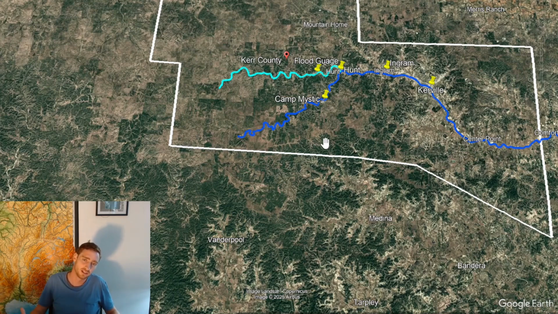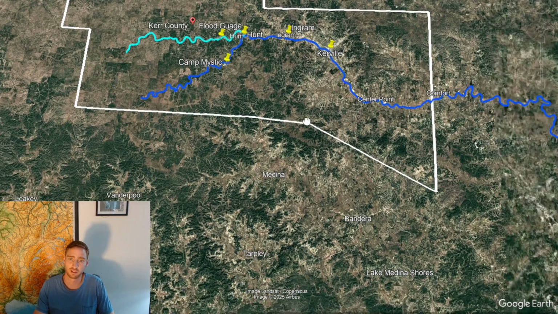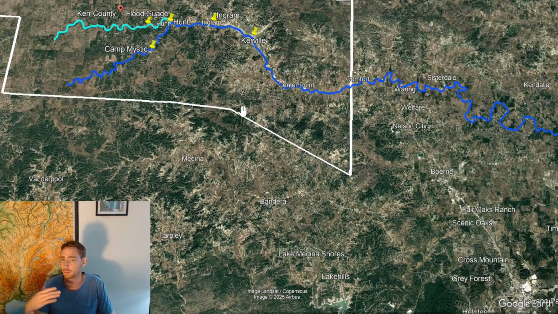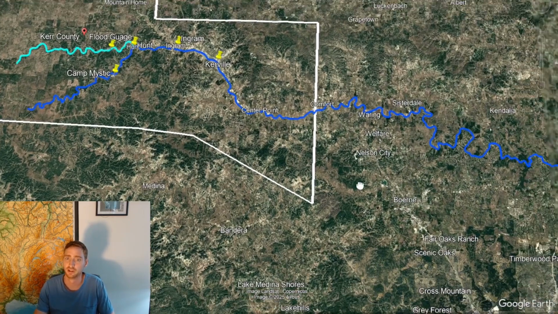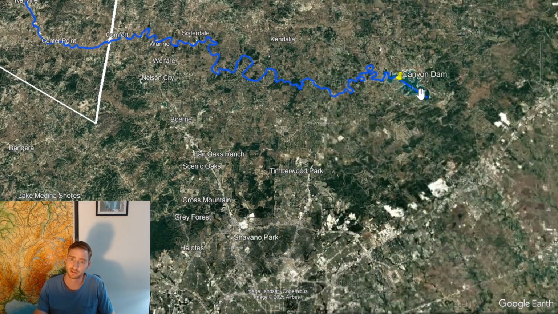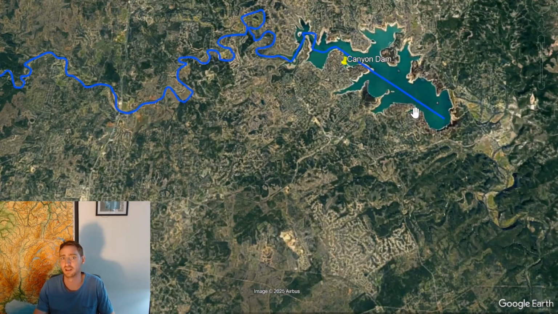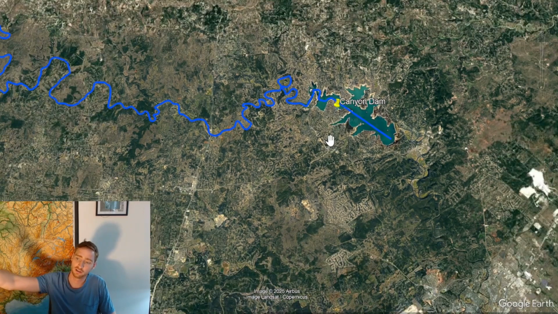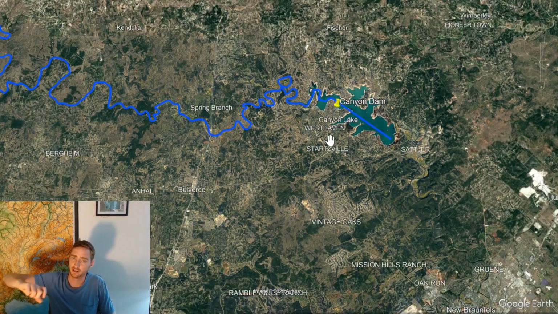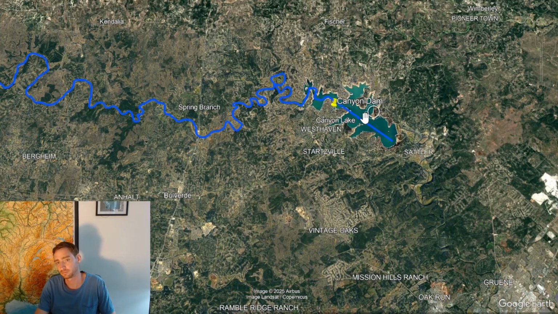Now, in some cases, this may be true, but often rivers obviously have been dammed, right? So humans have, at this point, dammed a huge proportion of all the rivers in the world. And the Guadalupe River meets a very large dam called the Canyon Dam just outside of this fault that demarcates, that forms the edge of this plateau.